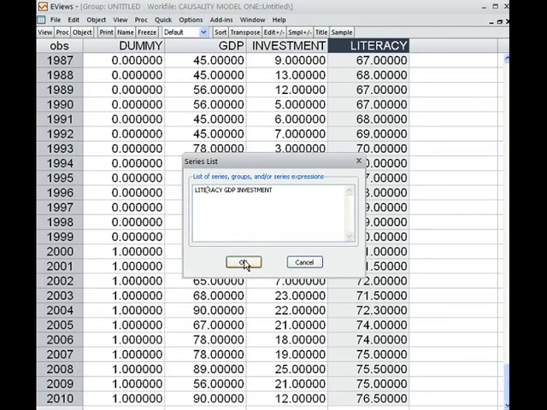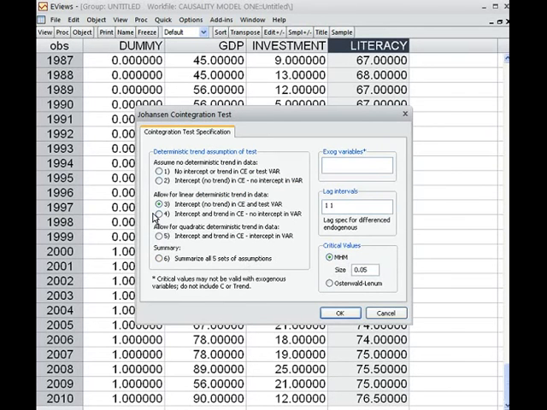Then I run the Johansen model, and here I choose 3, and for lag I choose, suppose, 4. 4 lags. Then I run the model.